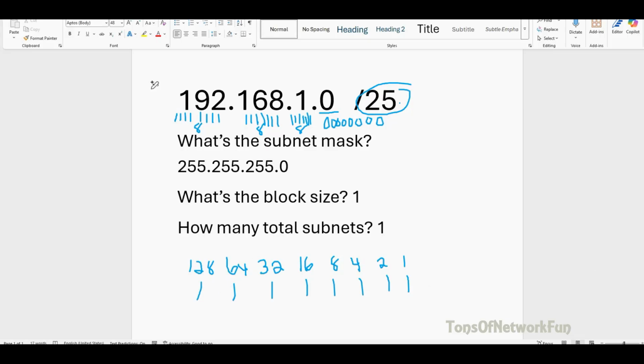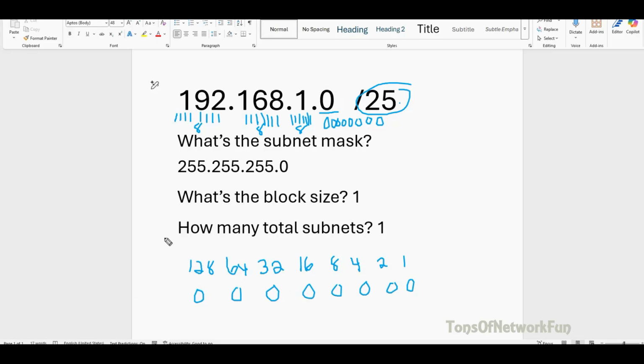So if I make all these ones, and let's put zeros here, these zeros I'm putting for all these 8 zeros. We are seeing the host part here.